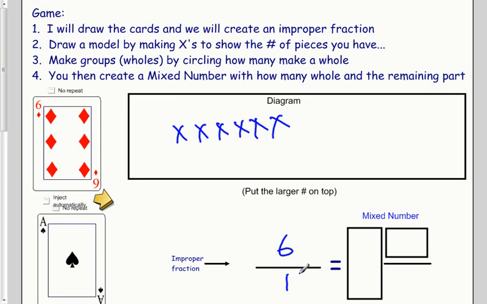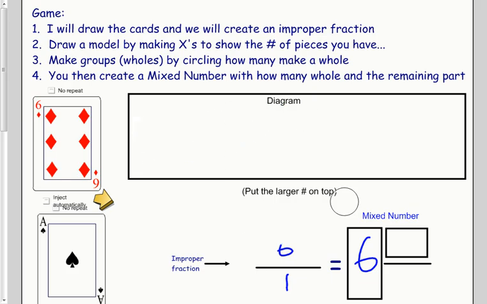Well, this one's kind of an interesting one. Our denominator is 1. So what this means is you have 6 pieces of pie, and each piece is one whole pie. So really, we're just saying that we have 6 whole pies. Okay, so this actually isn't going to be a mixed number. It's going to end up being a whole number.